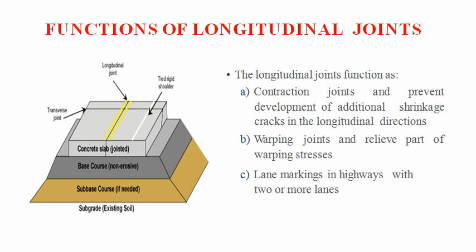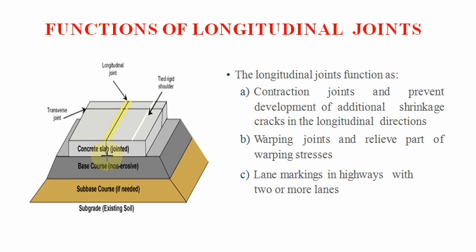So, the function of the longitudinal joint. The longitudinal joints function as contraction joints and prevent the development of additional shrinkage cracks in the longitudinal direction. As you can see from the figure, we have this longitudinal joint which is provided throughout the length of the pavement in the concrete slab.